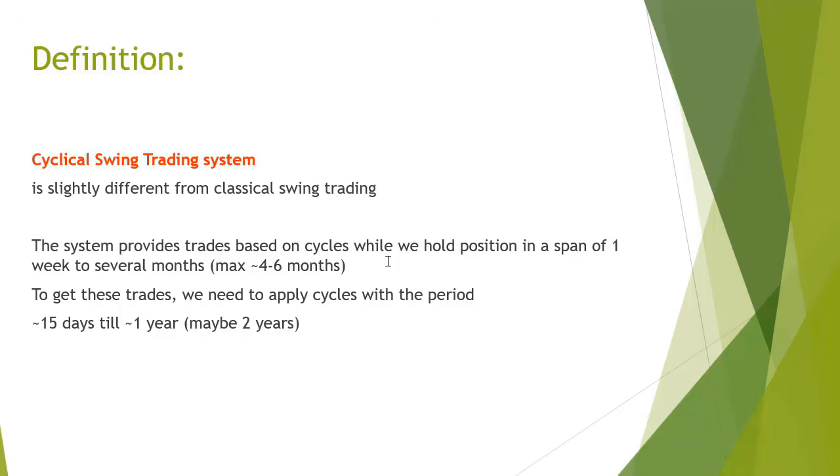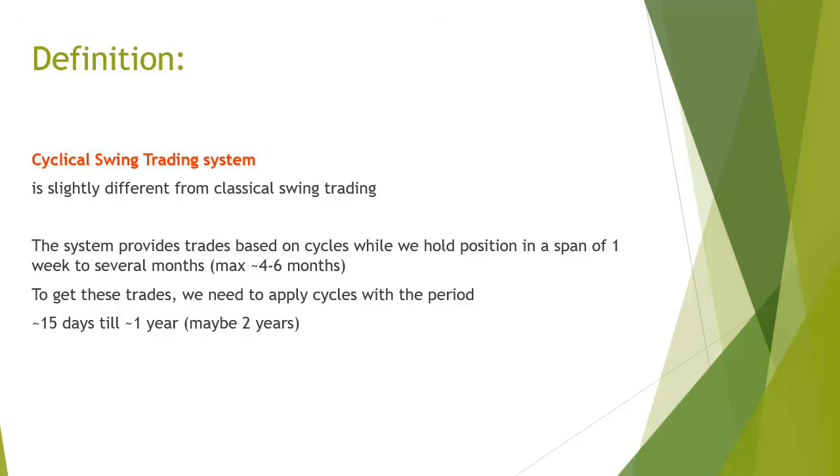Accordingly, to get trades with a hold position between 1 week and 6 months, we need to apply cycles with periods from 15 days to 1 year, maybe 2 years. I call cycles in this span, between 15 days and 2 years, swing cycles.